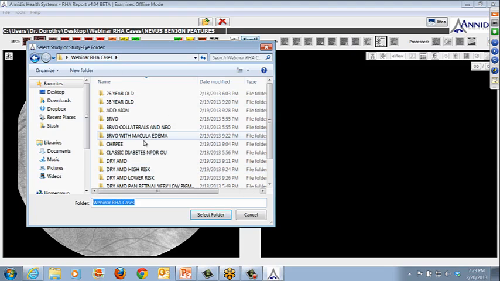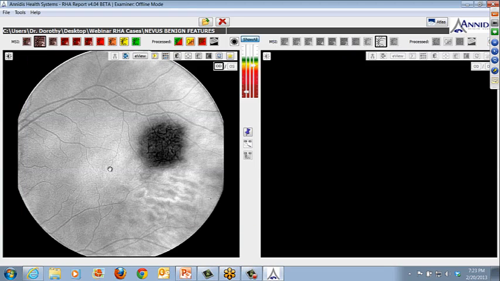All right. Okay, on that one, would you expect that you're going to see a little bit more of an irregular border just because you can visualize every single layer of the retina now? Say that one more time. Wouldn't you expect that now, because you can actually visualize through multiple layers of the retina, that those borders would appear to be a little bit more irregular? Yes.